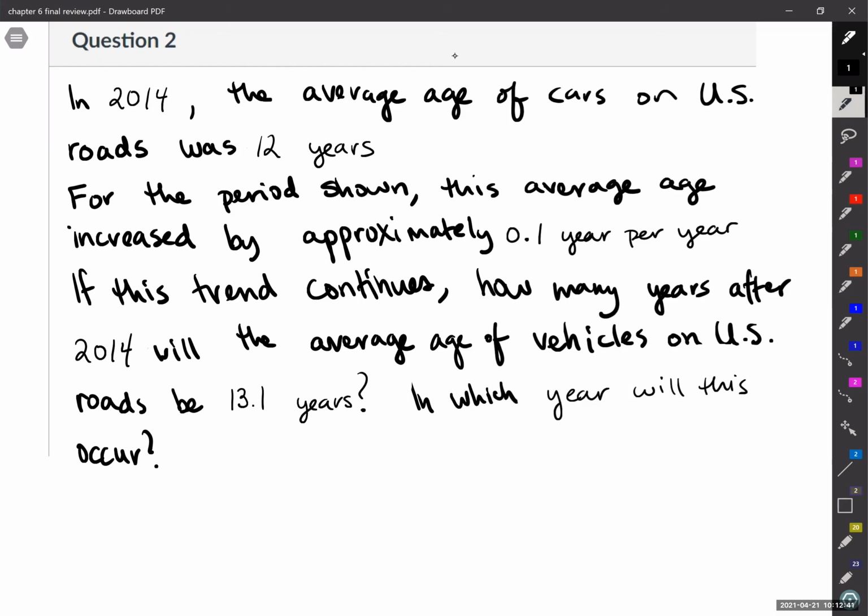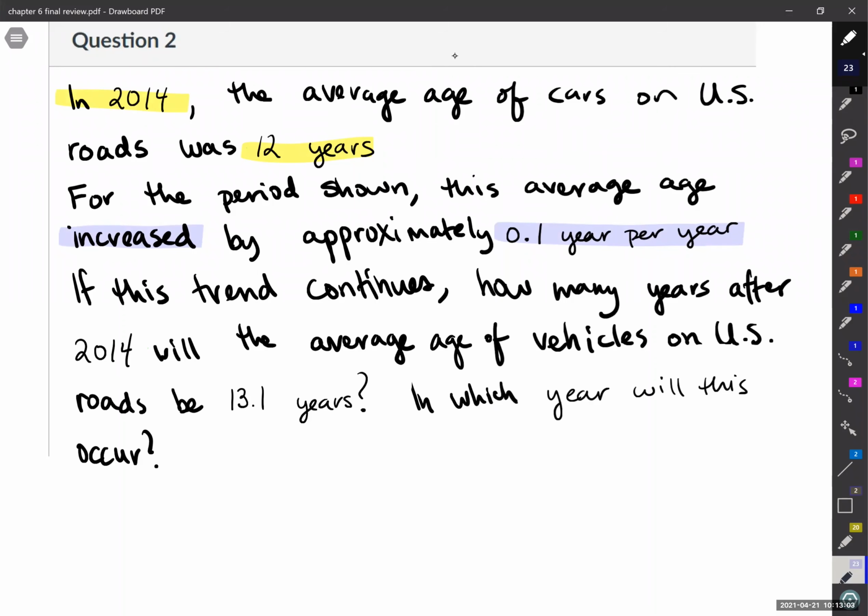So we have, in the beginning when we started measuring, the average age was 12 years. For the period given, we know that it's increasing, so we need to think it's growing, specifically by 0.1 years per year that passes.